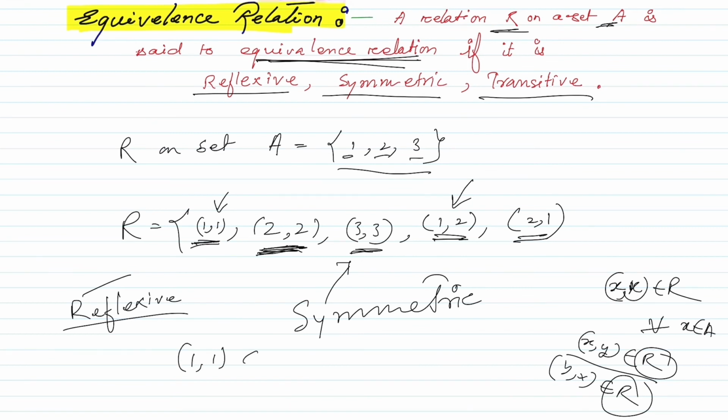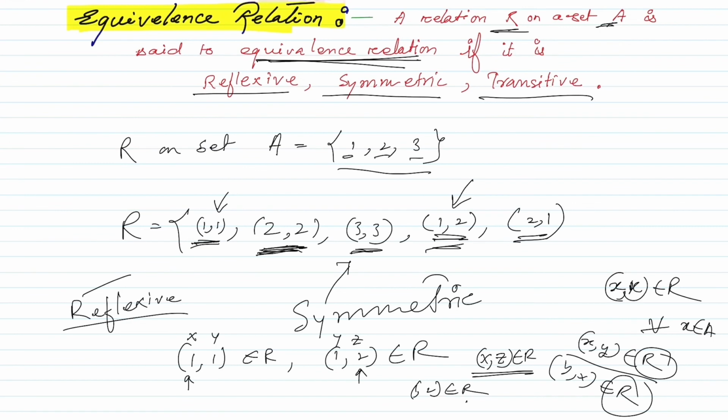Let me consider (1,1) belongs to R, then (1,2) belongs to R. If you consider the first as (x,y) and the second as (y,z), then according to the definition of a transitive relation, if (x,y) belongs to R and (y,z) belongs to R, then (x,z) must belong to R.